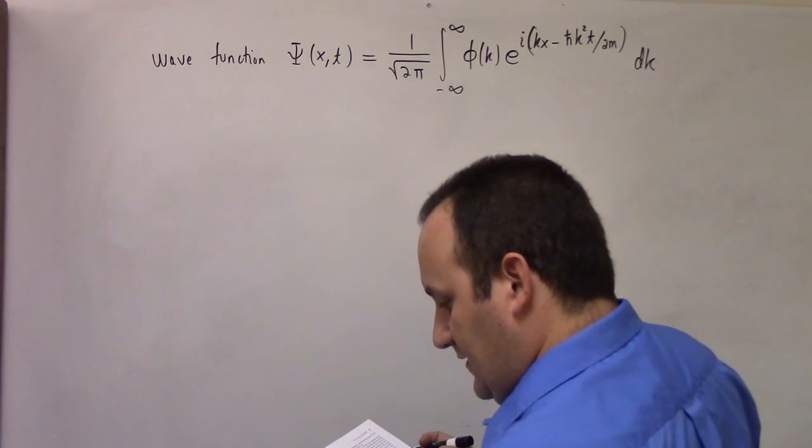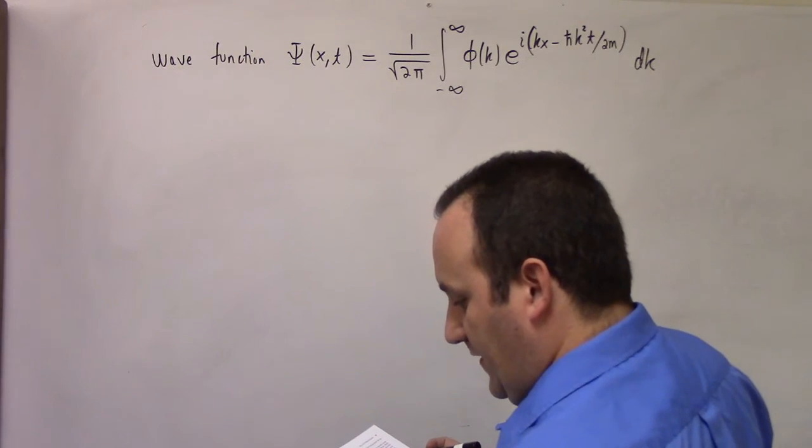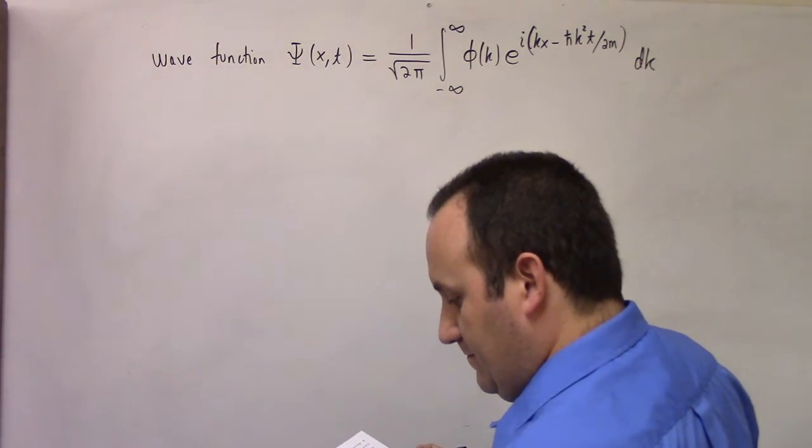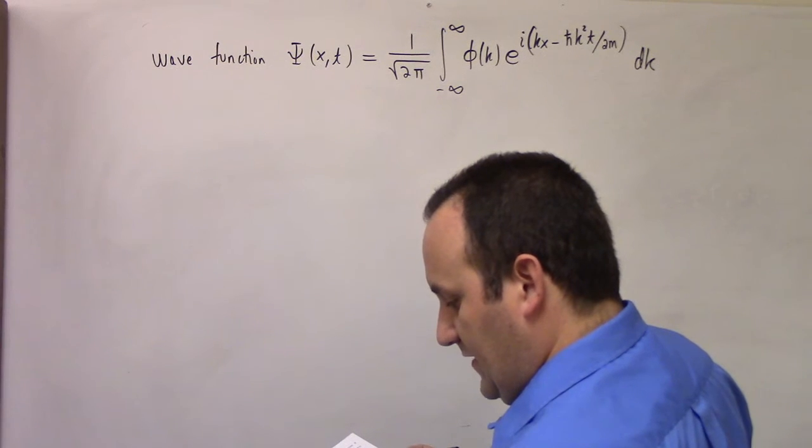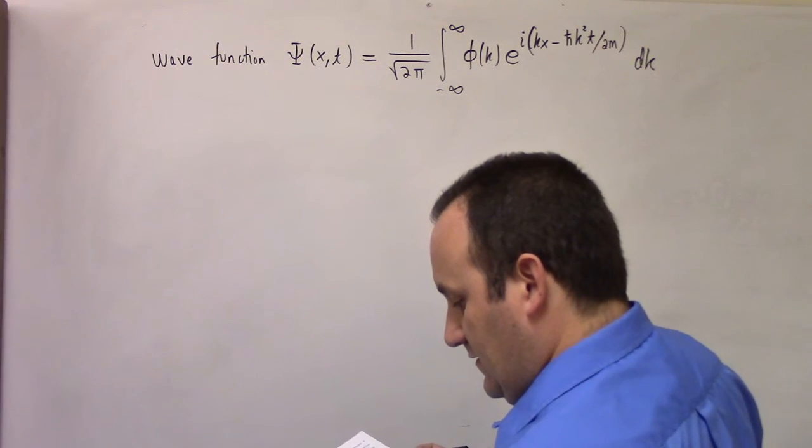This is basically a continuous sum over the variable k. The 1 over square root 2 pi is for convenience.